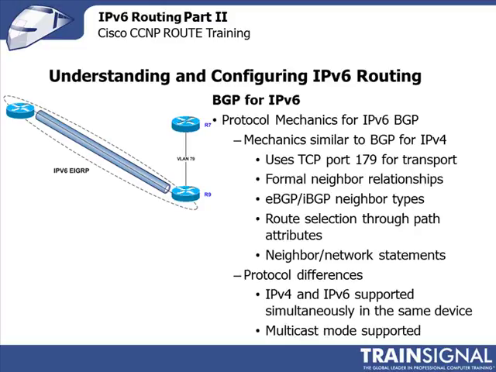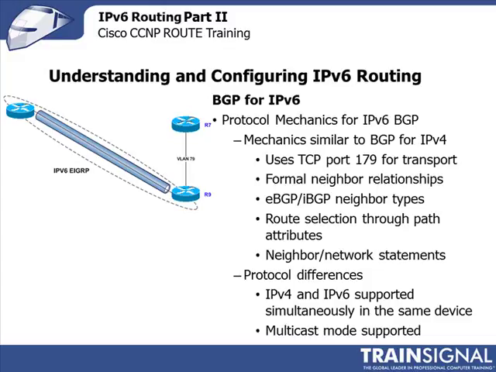Let's consider BGP for IP version 6. The mechanics of the protocol, as with the others, it's very similar to its counterpart for IP version 4. It uses TCP port 179 for transport. There's still manually configured neighbor relationships. You still have eBGP, iBGP neighbor types. You're still using the same path attributes. You're still using the neighbor network statements. That's all identical.